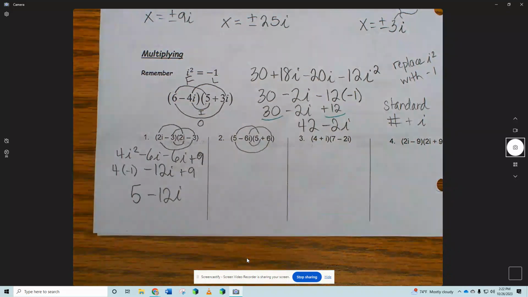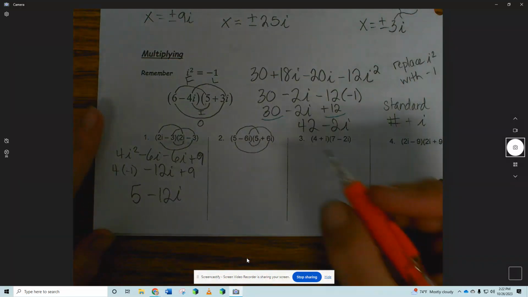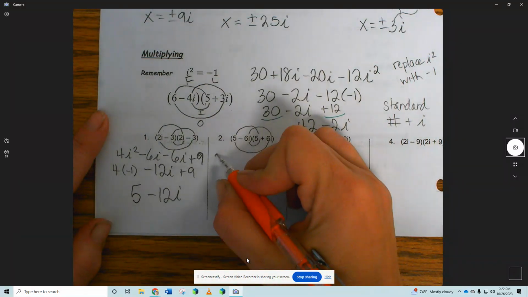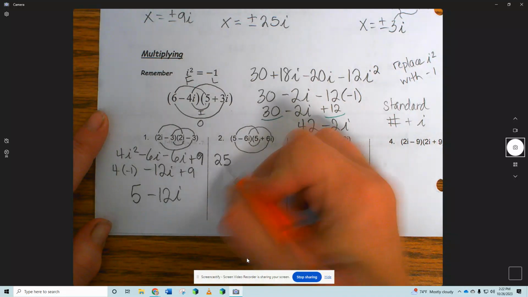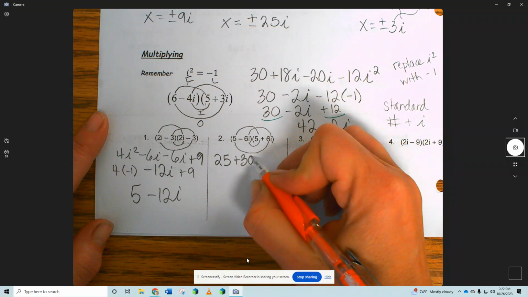Number 2 is called the difference of 2 squares because it's the exact same numbers, but just plus and minus. Difference of 2 squares. And this is the last one I'll end with. 5 times 5. 5 times 6i plus 30i.